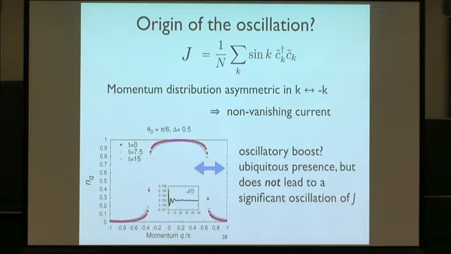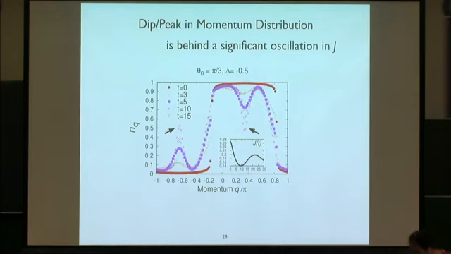So actually, most of the oscillations which are clearly visible, which I have shown in several slides, do not come from this entire shift of the momentum distribution function. Instead, what happens when I see significant oscillation in the current is like this. This is the momentum distribution function for an initial value of flux pi/3 and repulsive interaction, delta equals minus 0.5.